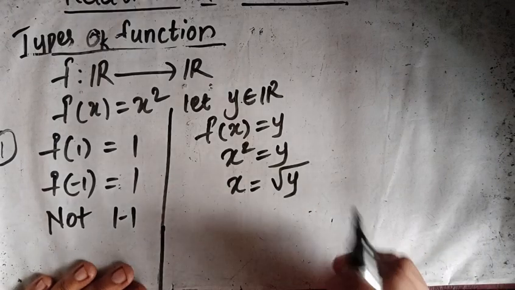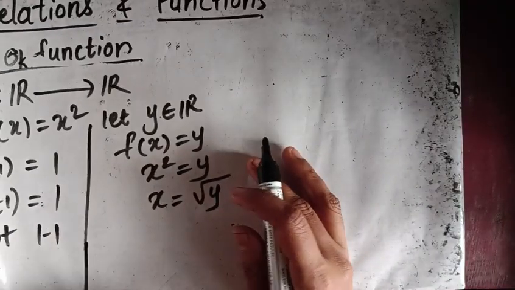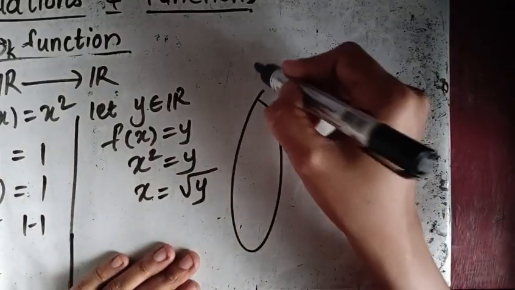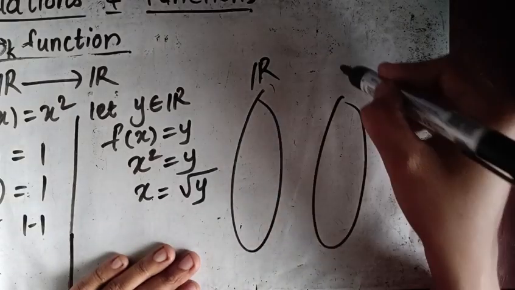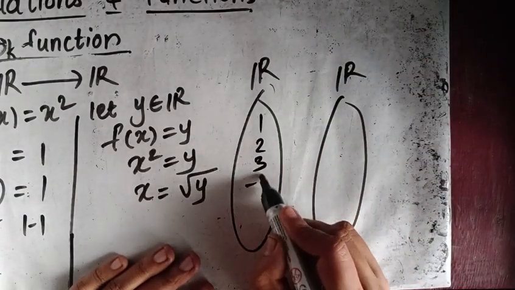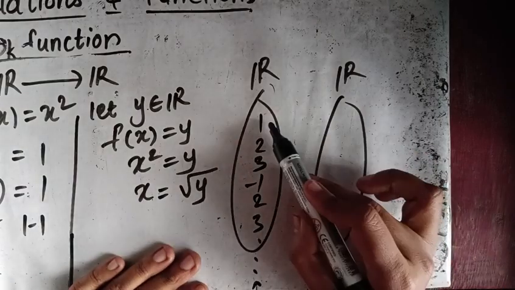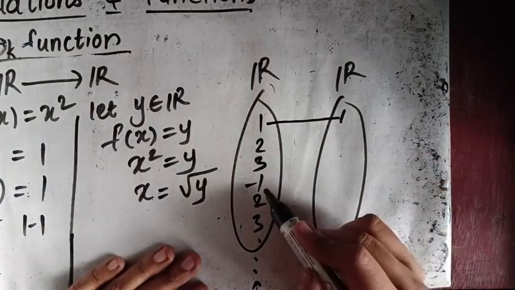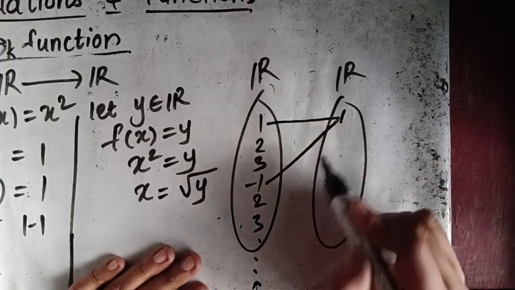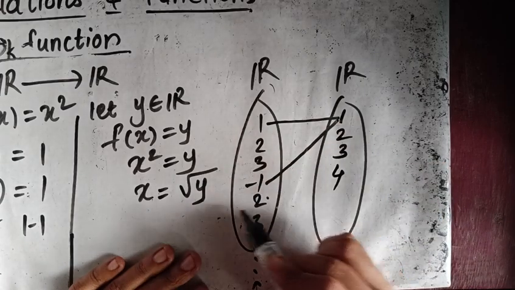Negative elements are not there, that you can say. Okay, if we take in general, this is the set R. So 1, 2, 3, minus 1, 2, 3 and so on. Many are there. Okay, 1 square is 1, minus 1 square is also 1. Then 2, 3, 4, 2 square.